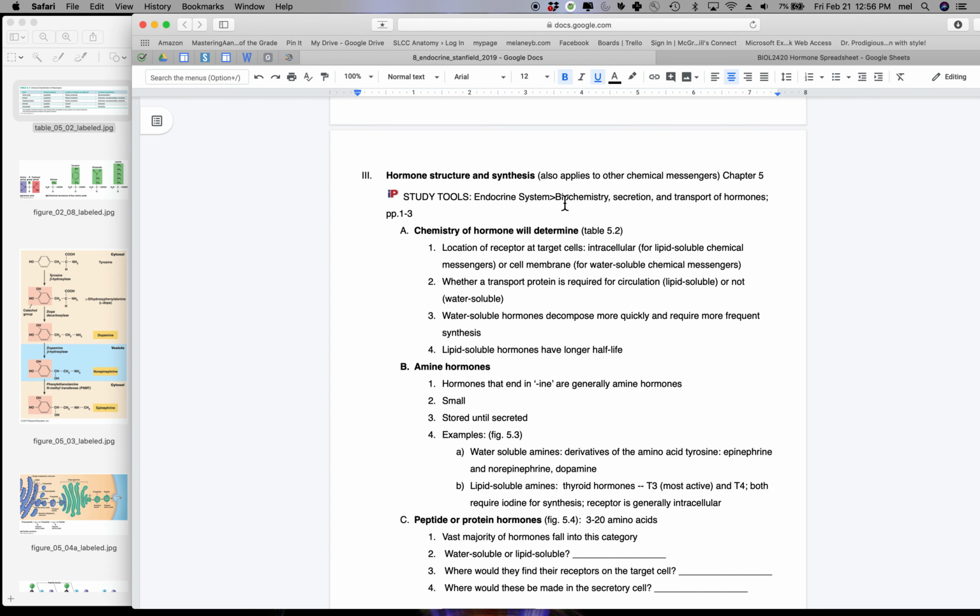The reason it matters that you know the chemistry of the hormone is because lipid-soluble hormones and water-soluble hormones find their receptors on their target cells in different places. Hopefully it makes sense if I tell you that a water-soluble chemical messenger cannot find an intracellular receptor on its target cell.